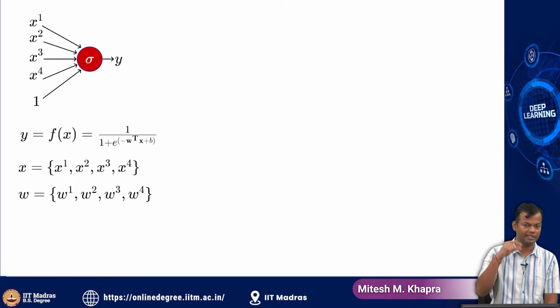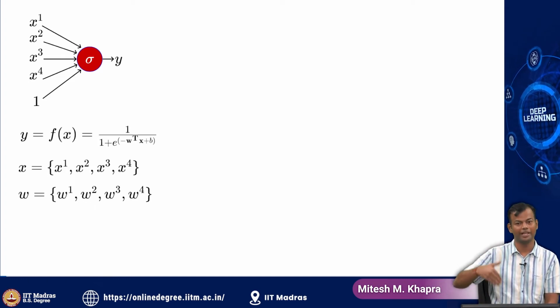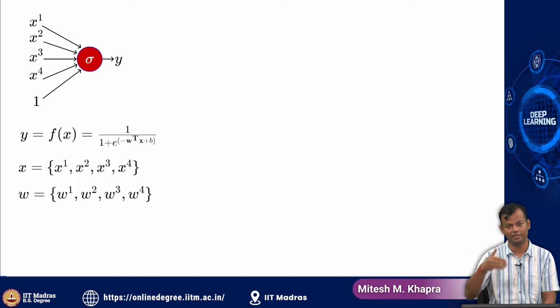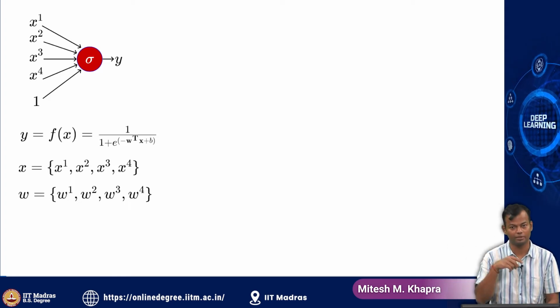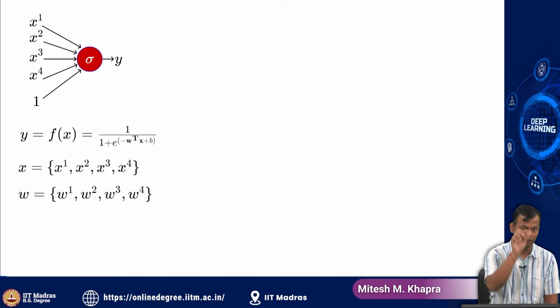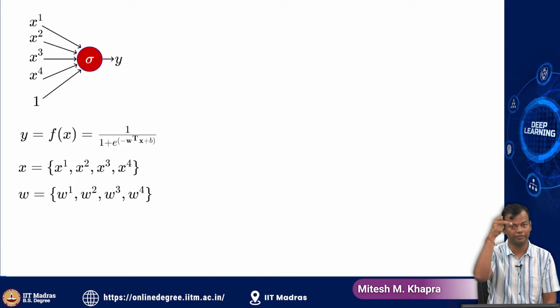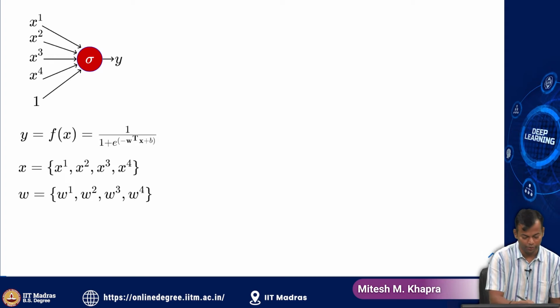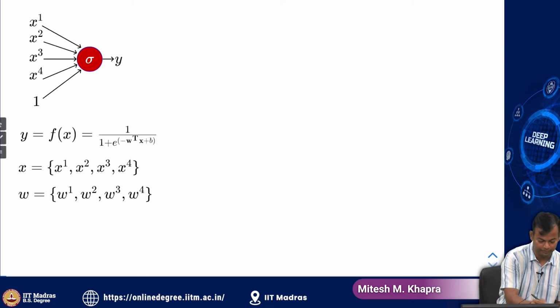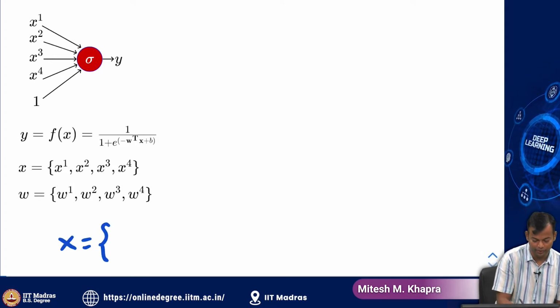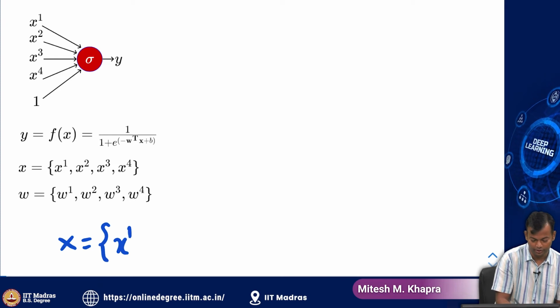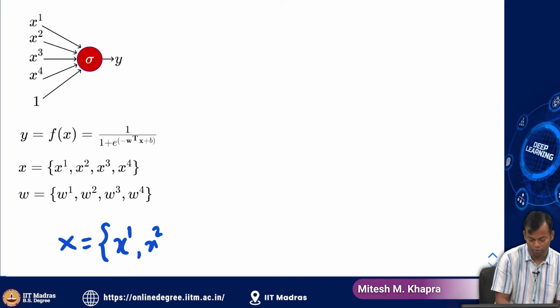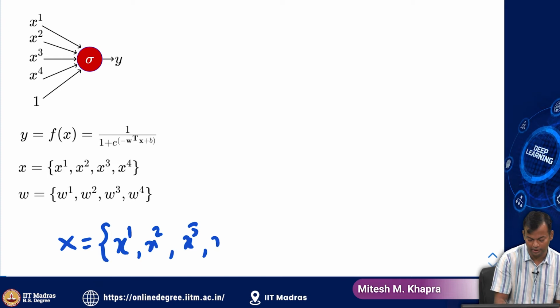So we have been using the subscript for the training instance. So there are m training instances x1 to xn, where x is bold, which is a vector. But now we have these superscripts for the different inputs within a given training instance, right? So now you could think of x as a vector x1, x2, x3, x4, and this is one input, right?